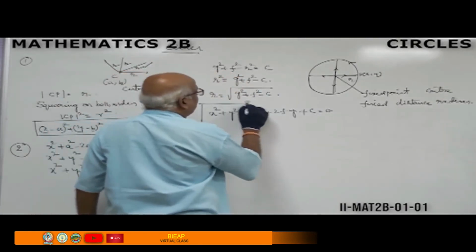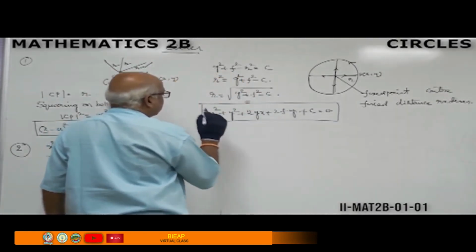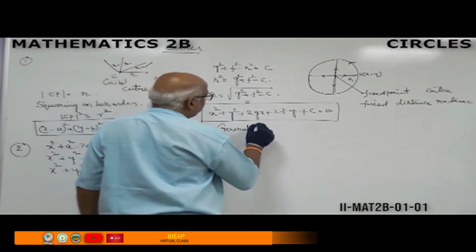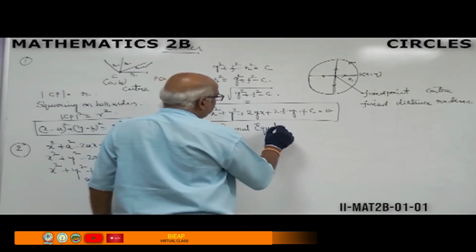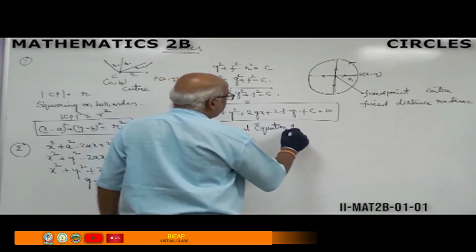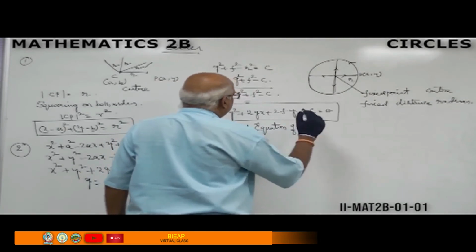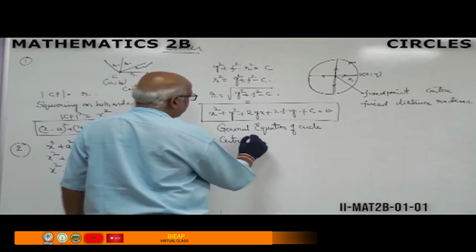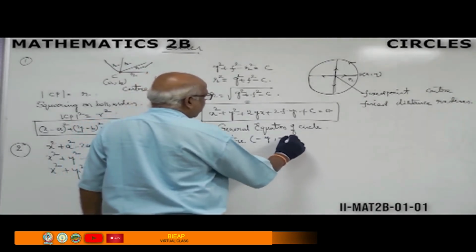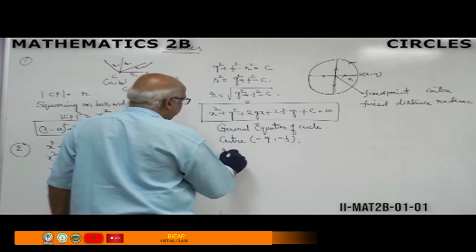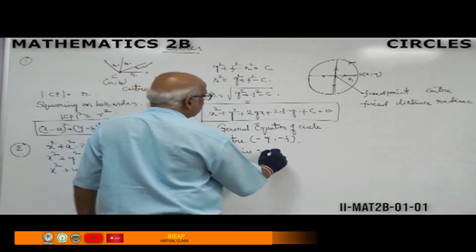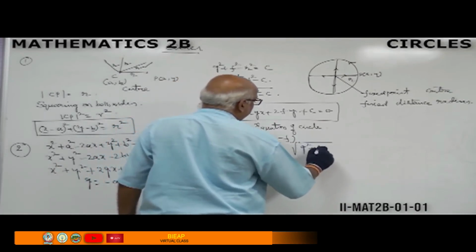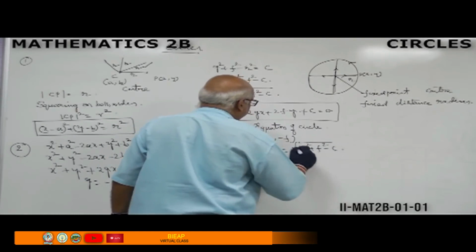This is called the standard form of the circle, or the general equation of the circle. Its center coordinates are (minus g, minus f). Radius r equals root of g square plus f square minus c.